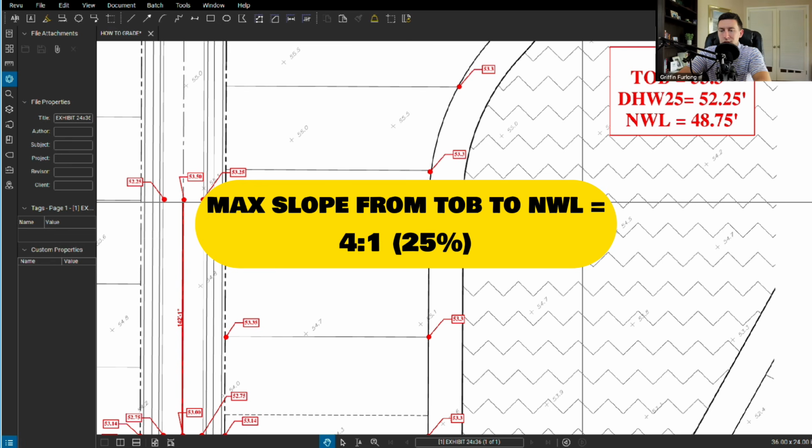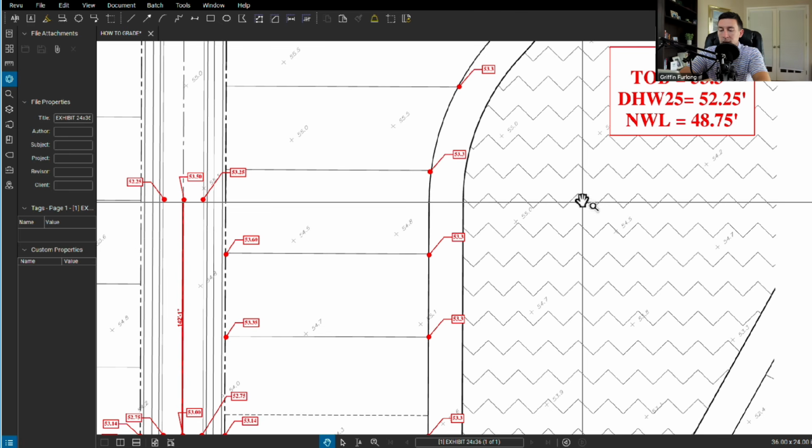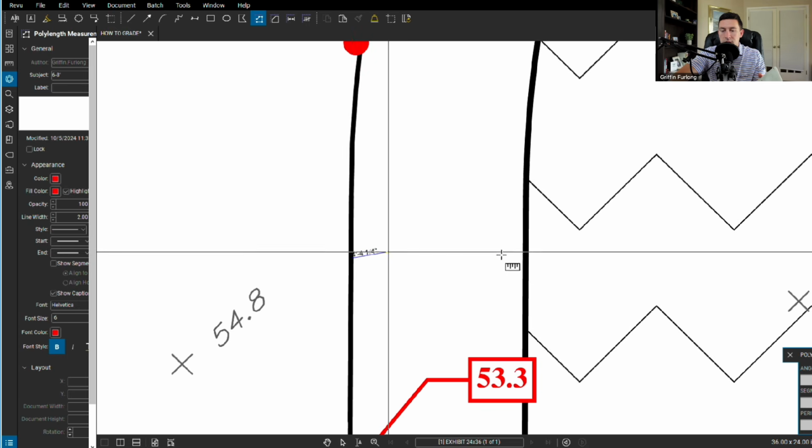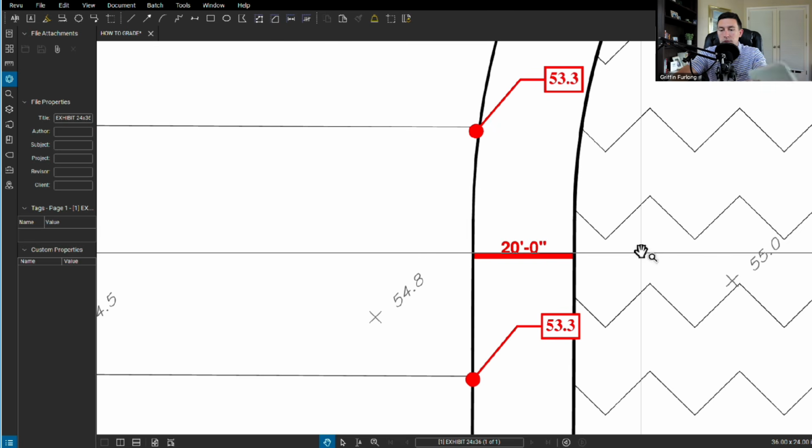So what actually is this slope right now? This top of bank is at 53.3 minus 48.75. That's 4.55 feet of drop between these points. So let's see how much distance that is. That's 20 feet. So 4.55 divided by 20.